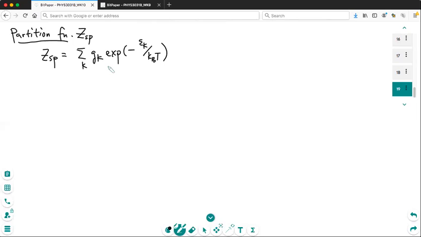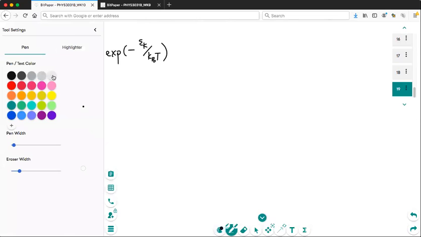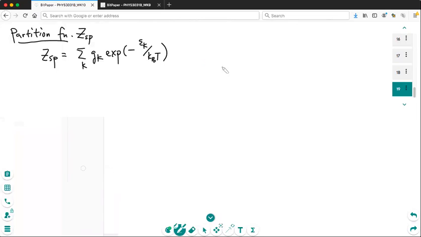And now this is the discrete way to write it. If I take this energy spectrum to be continuous, the continuum way of writing this will be like that. I will sum over all energy, right? This becomes continuous.